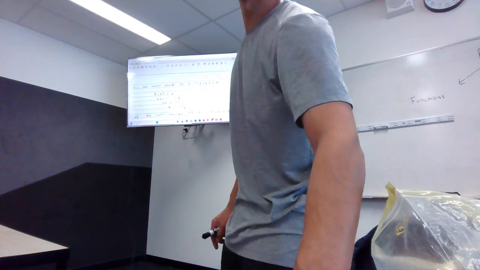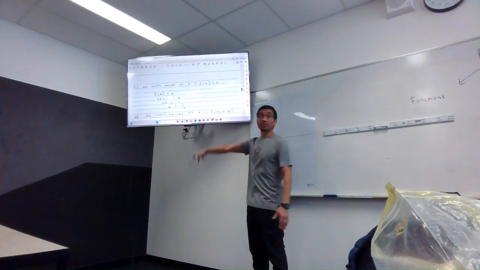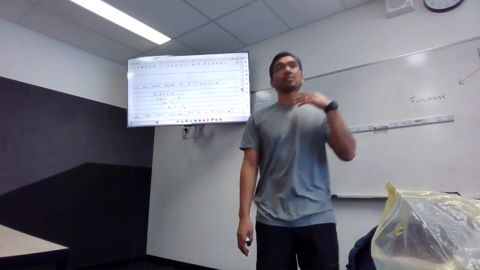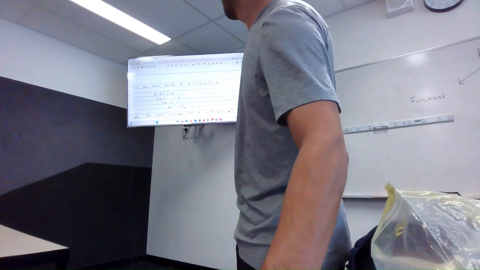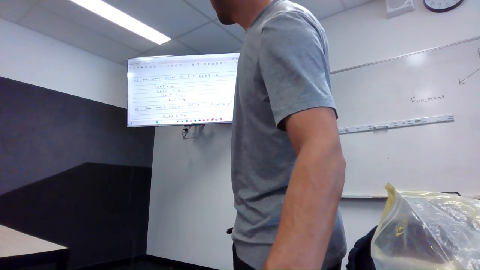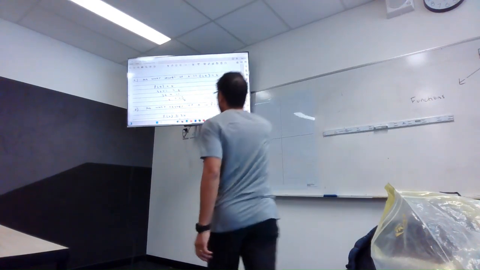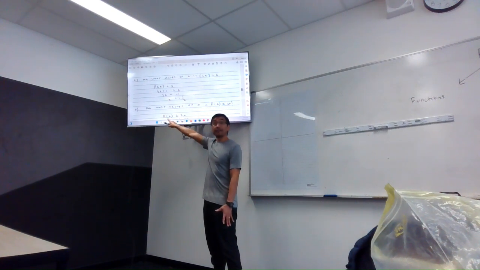This one here, for what values of x is f(x) greater than or equal to 2x? What are we going to do? We start off with the first line. But what are we going to change f(x) to?